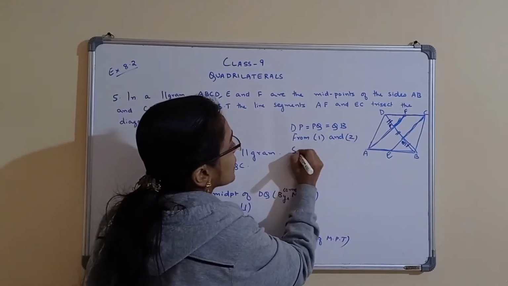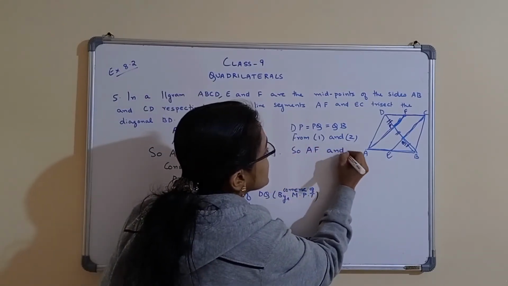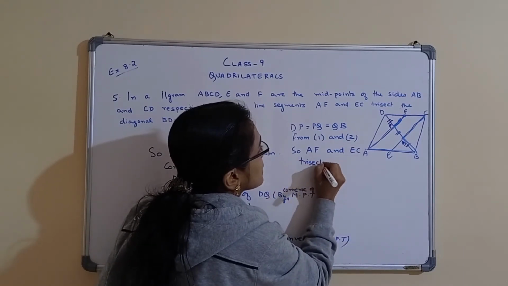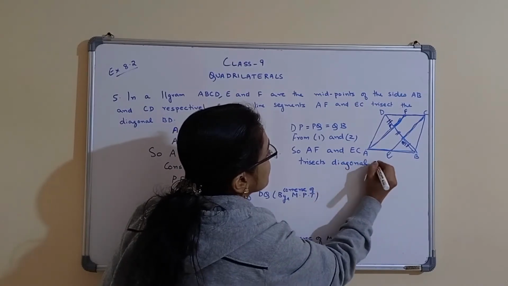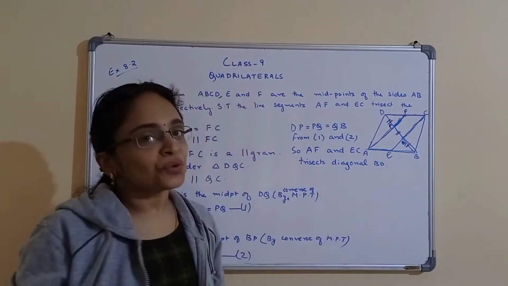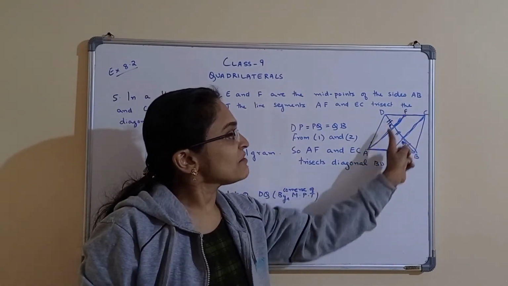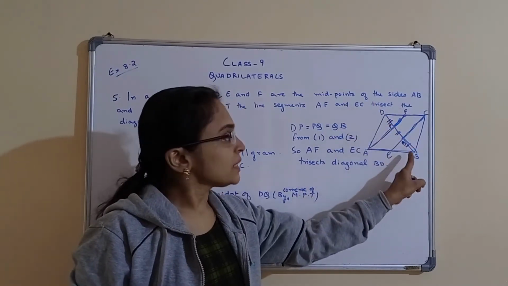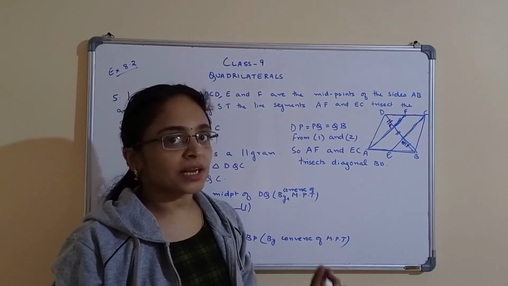So, AF and EC trisect diagonal BD. So you understood the meaning of trisect. That is, AF and EC divide the diagonal BD into 3 equal parts. That is the meaning of trisect.